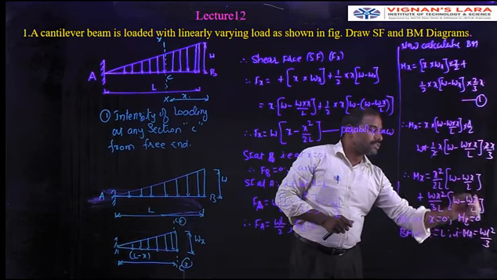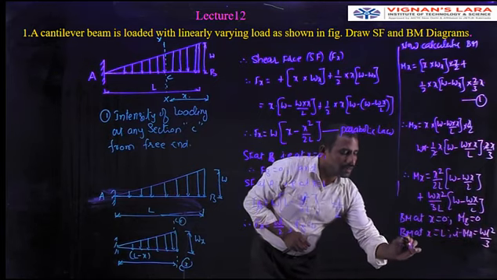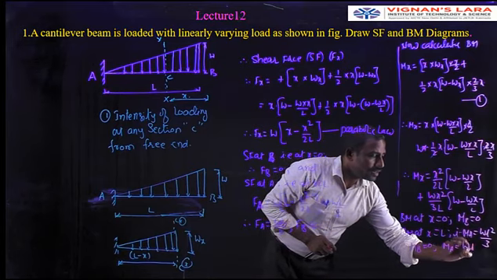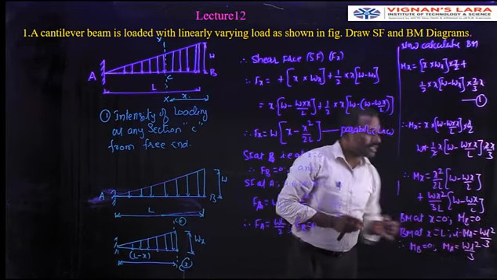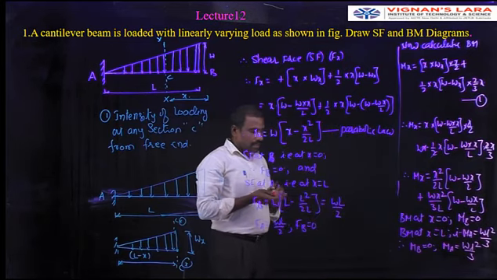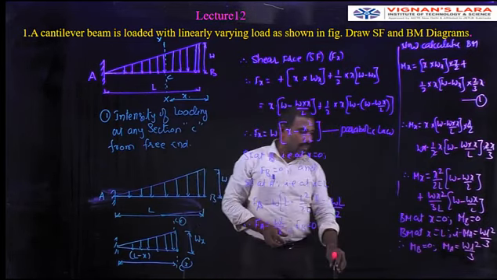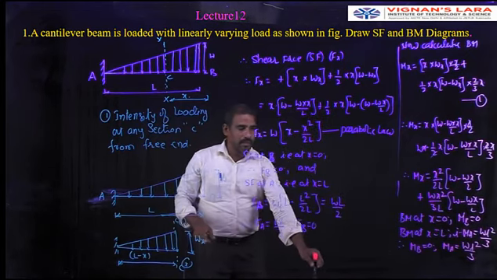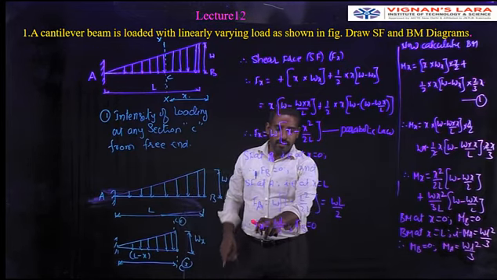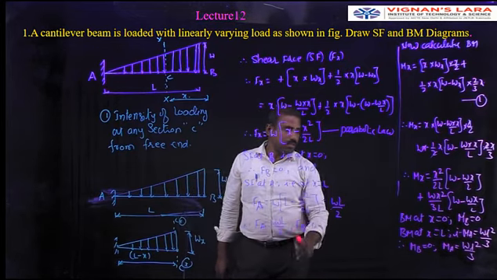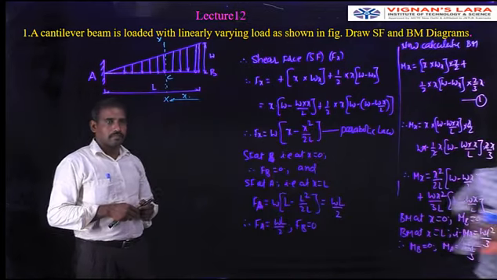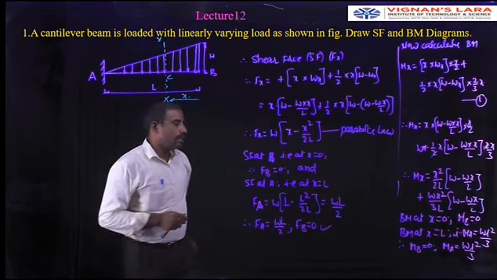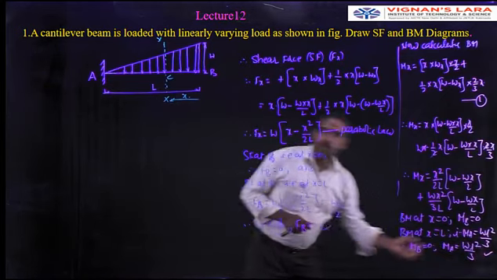So MB is equal to 0 and MA is equal to WL square by 3. It produces the sagging moment. So finally you can plot the graph. From the values FA is equal to WL by 2, FB is equal to 0, and MA and MB, we can plot the graph.